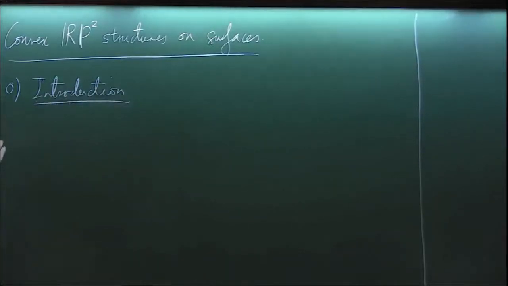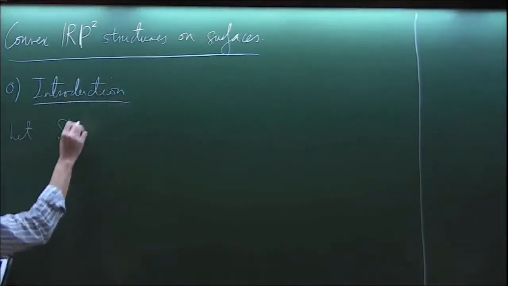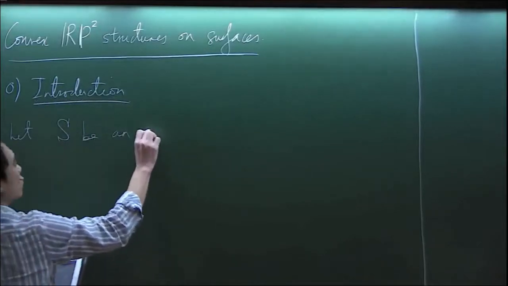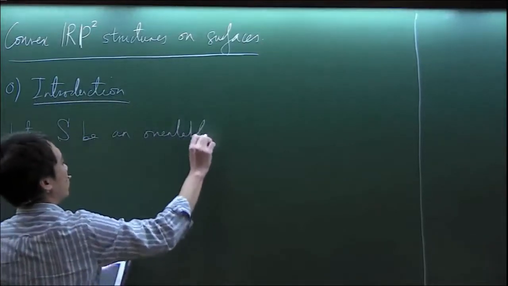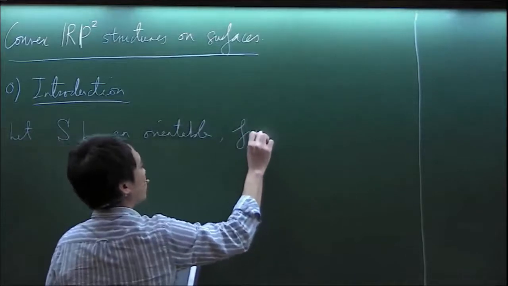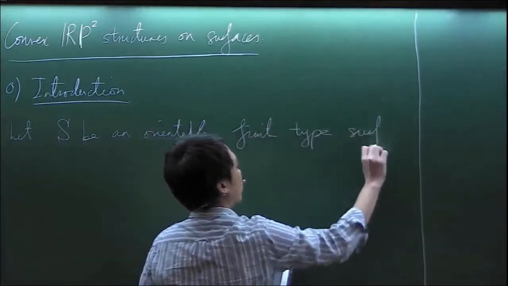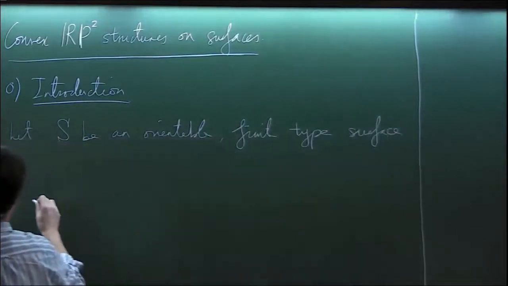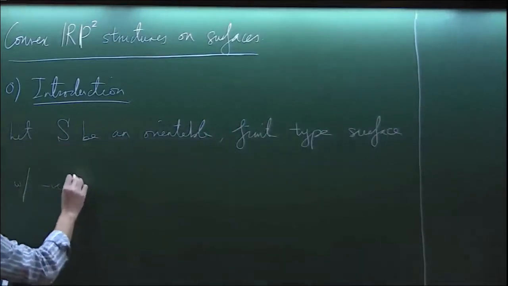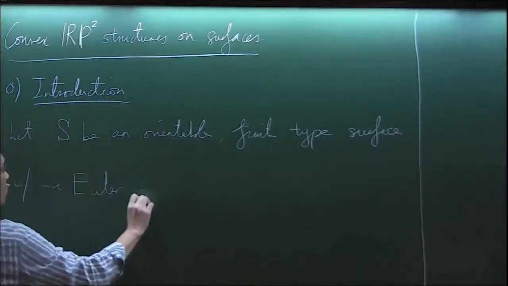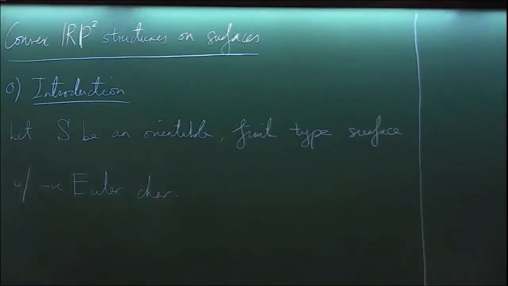I'm going to let S be an orientable finite type surface with negative Euler characteristic. What does this mean?